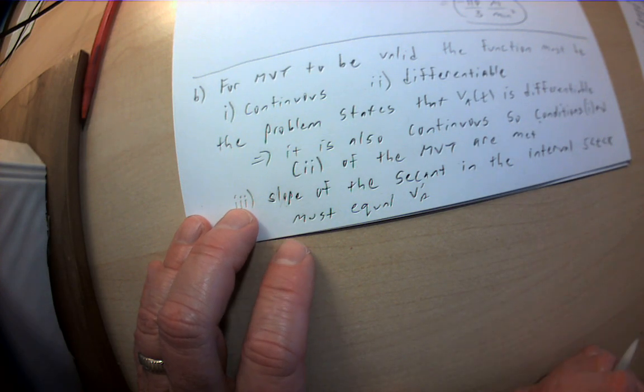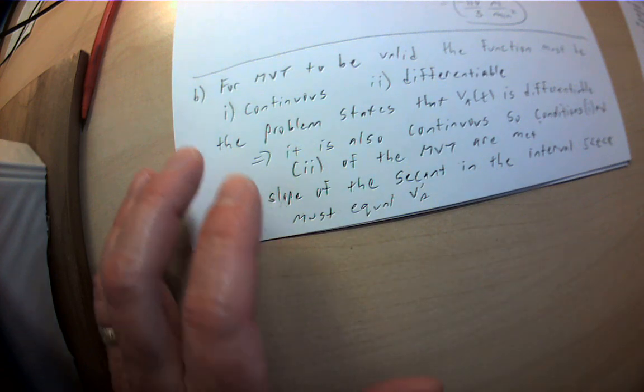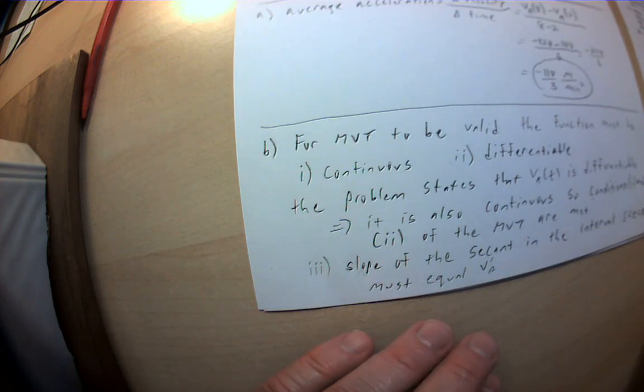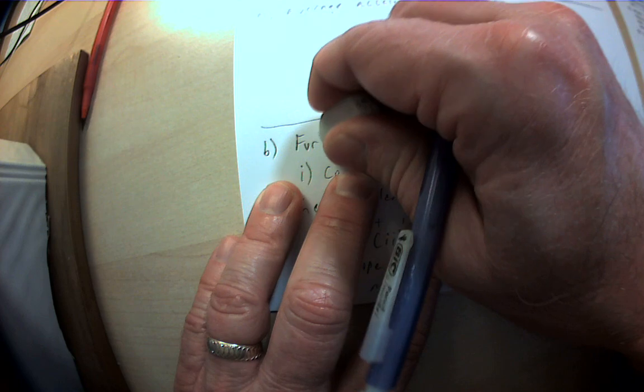Guys, I'm looking at the problem. I'm doing this. It's not actually the mean value theorem because they're not talking about the slope of the secant.